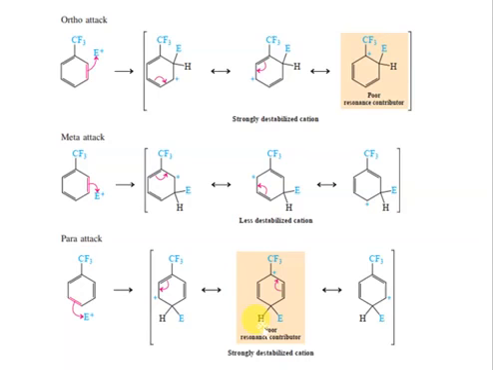As a result of this destabilization, the para attack is not favored. When you have electron withdrawing groups, the ortho and para carbocations are of less stability. Because of their lower stability, they are not formed, whereas the meta product, because of its lesser destabilization, is formed in much greater amount.